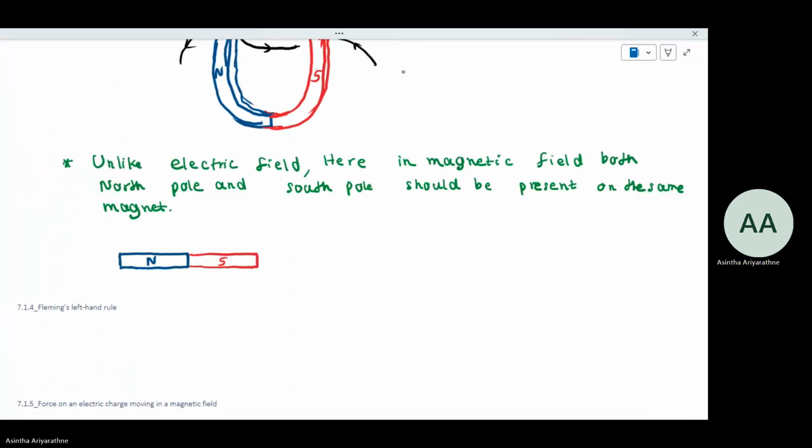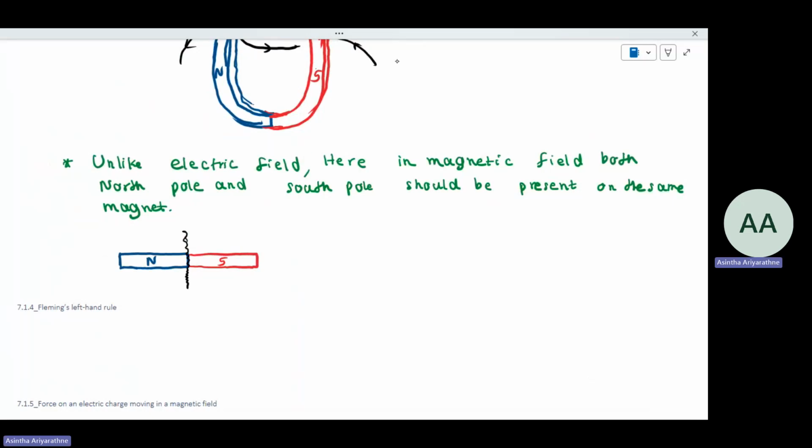If it is just broken here, at the symmetrical axis, would the left side be a north pole and the right side be a south pole?